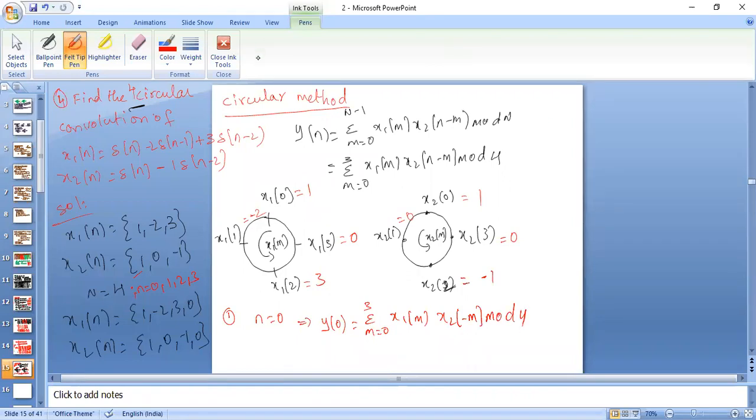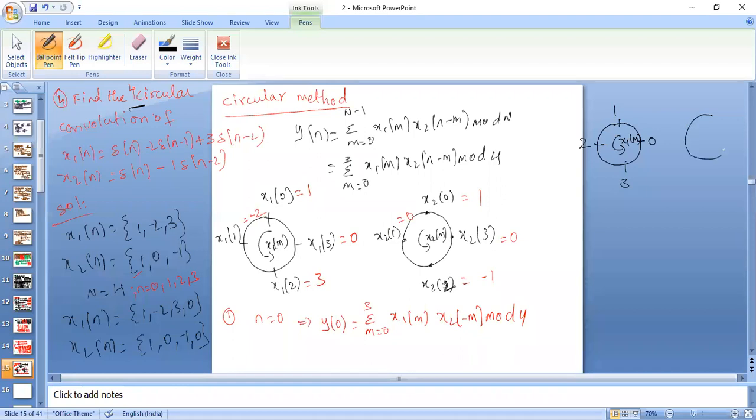Right? For this, we need to represent x1 of m and x2 of minus m on the circumference of the circle. This is x1 of m: 1 2 3 0. You already know the index positions, so I'm not representing the index positions, I'm directly taking the sample amplitudes.